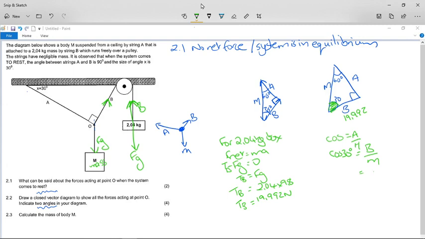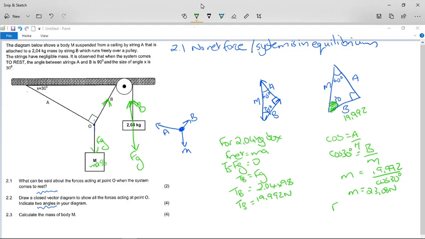But we know B is 19,992, so M is going to be 19,992 over the cos of 30. So you get a value for M, but now it's the force M, big M, not the mass, of 23,08 newtons.